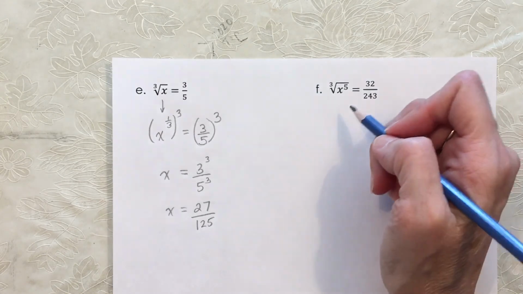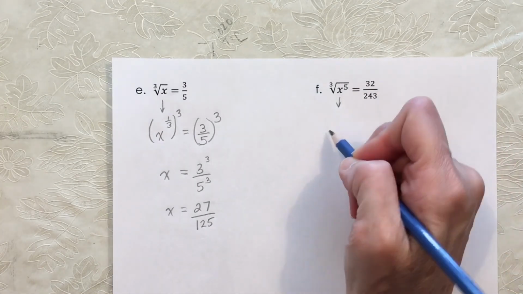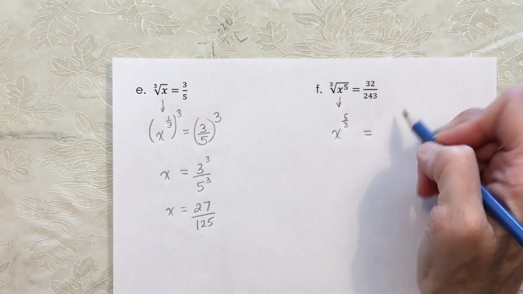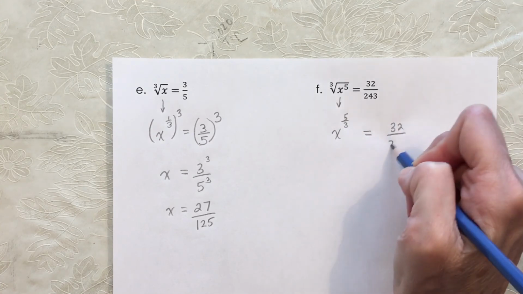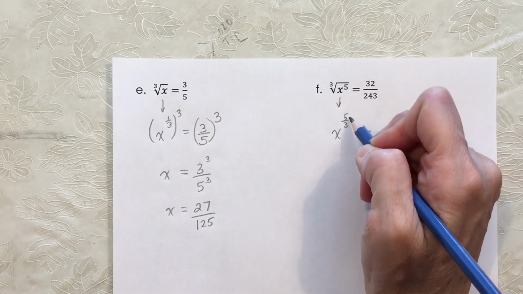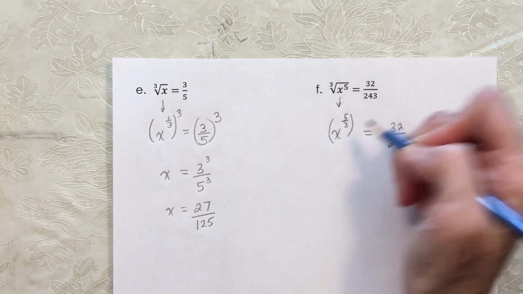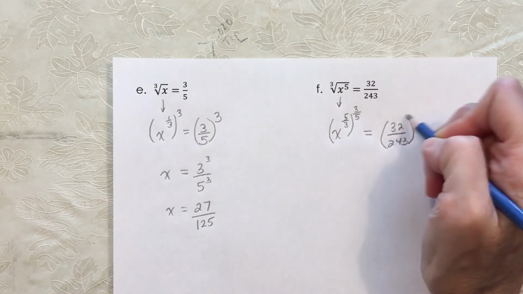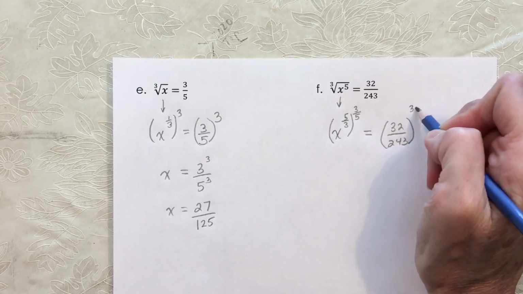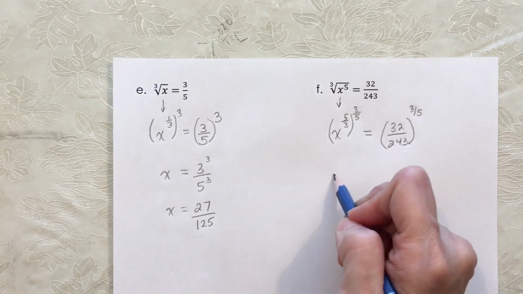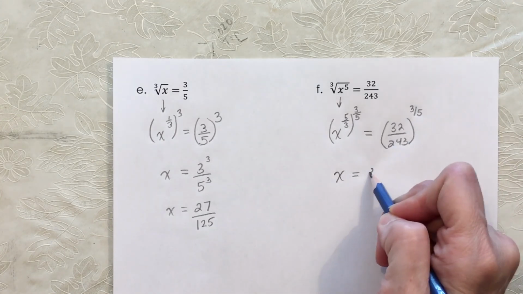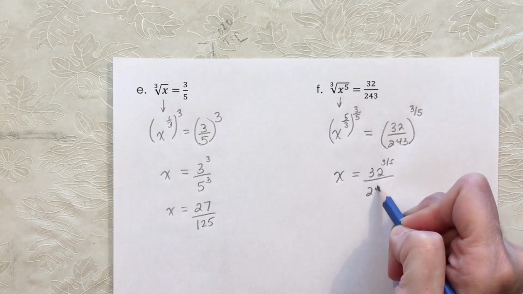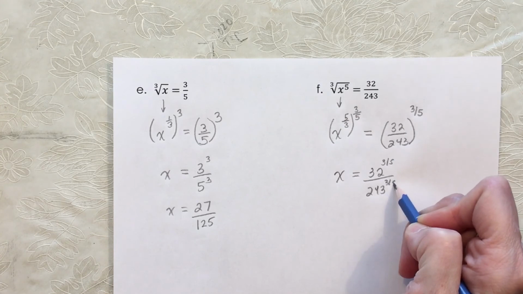And the last one, I can rewrite this in exponential form as x to the 5 over 3 equals 32 over 243. So to get x by itself, I want to put the left side to the power of 3 over 5, which means I have to put, so use brackets, the right side to the power of 3 over 5. So x is going to be 32 to the 3 over 5 over 243 to the 3 over 5.